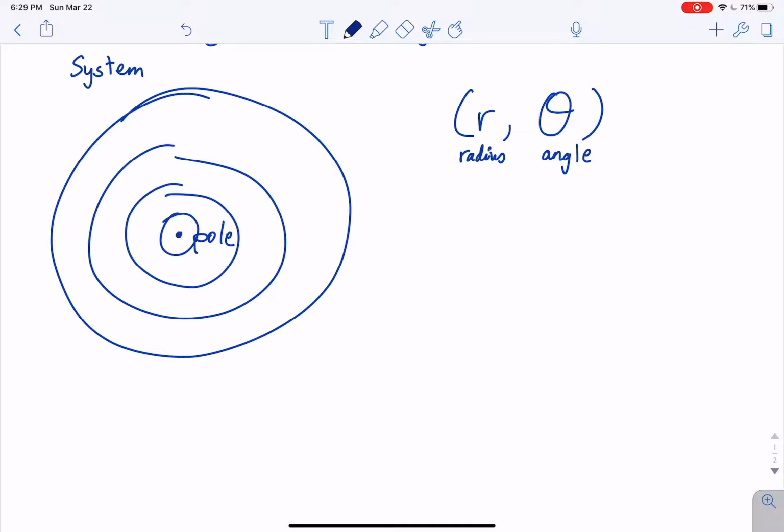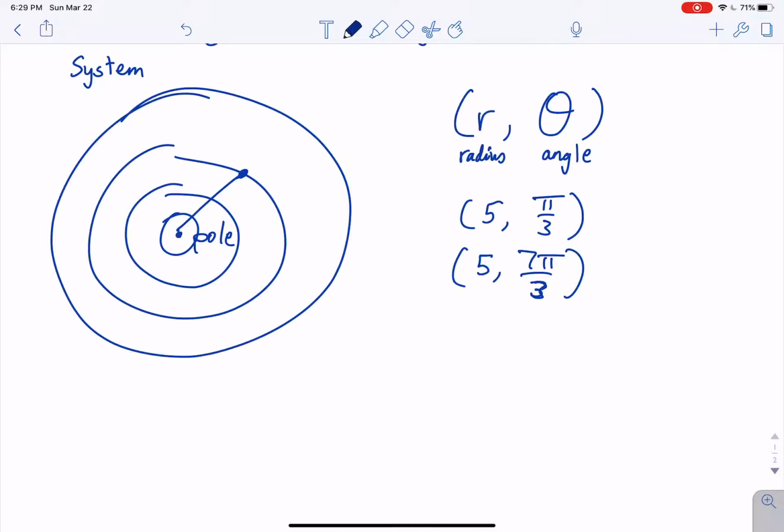The points are not unique, right? So for example, radius 5 angle pi over 3. That's somewhere over here. But I could also write that as radius 5 angle, go around the circle, right, add 2 pi to it. So instead, I'd get 7 pi over 3. And that would give me the same point.